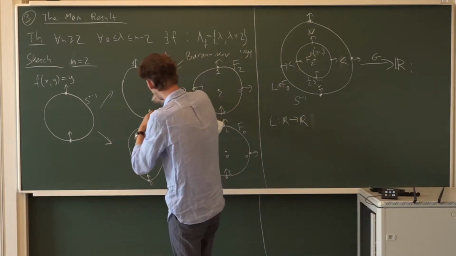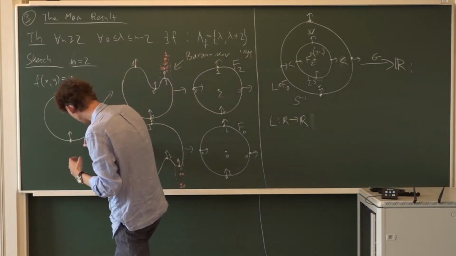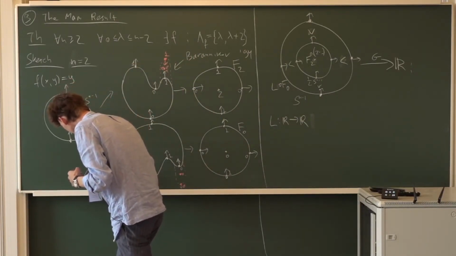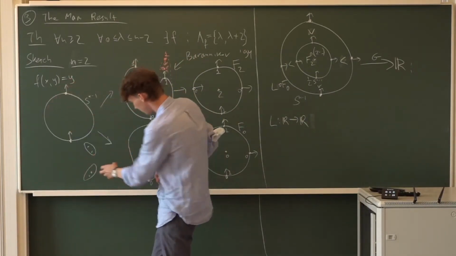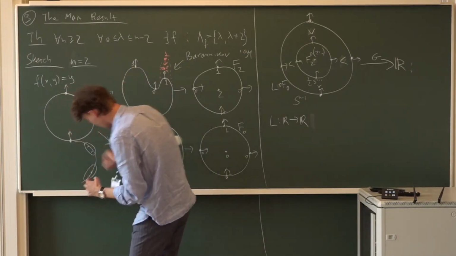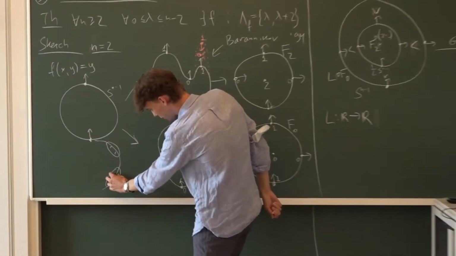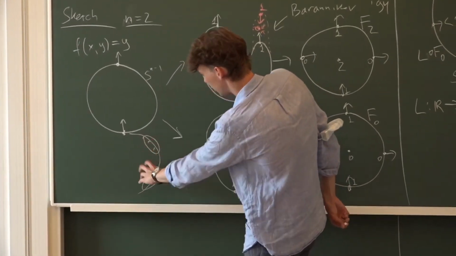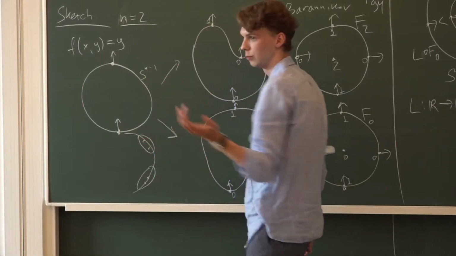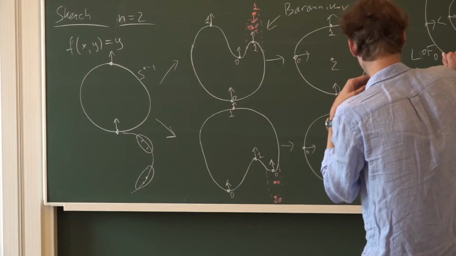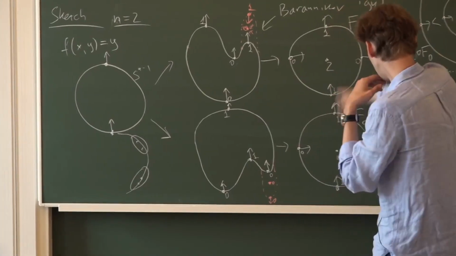That the picture where you inserted two critical points somewhere here and two critical points somewhere here, and you have a gradient line that goes like this, this picture should map to this picture under the flow generated by the gradient lines. Well, you can do that. And you don't need this step.